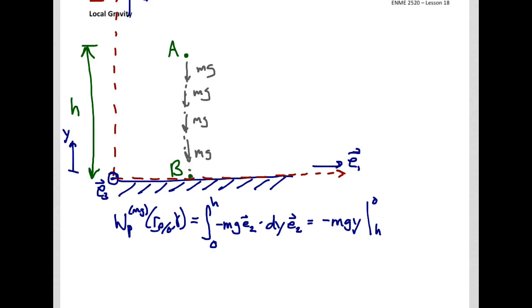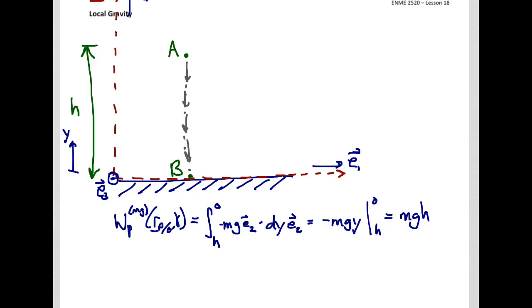Whoops, my bounds are incorrect here. We're going to go from h to 0. And so this is going to give us mgh. So mgh is the work that's done along the path from A to B if we just simply drop the mass and just let gravity do its thing.